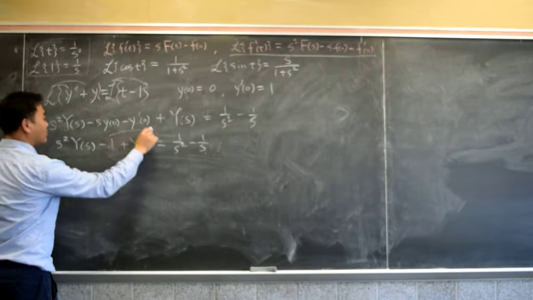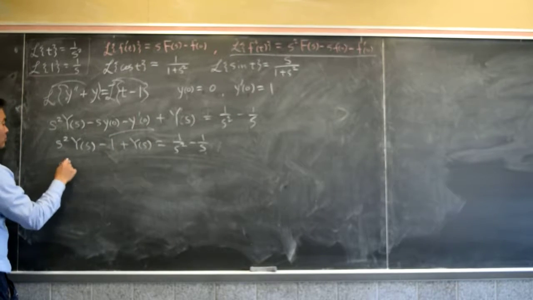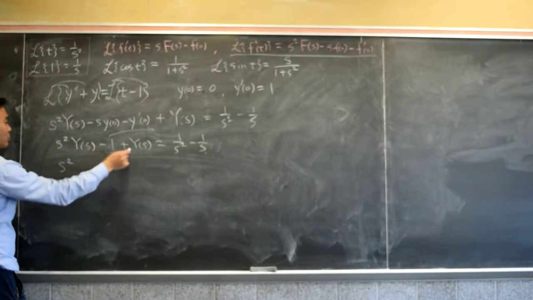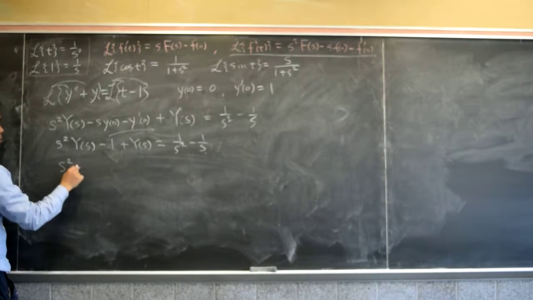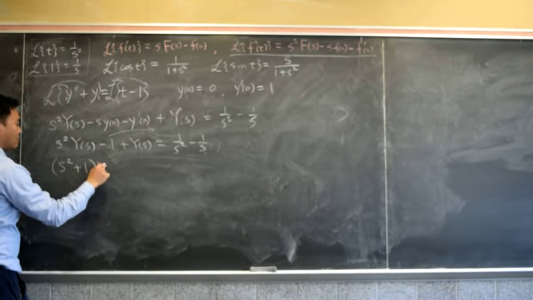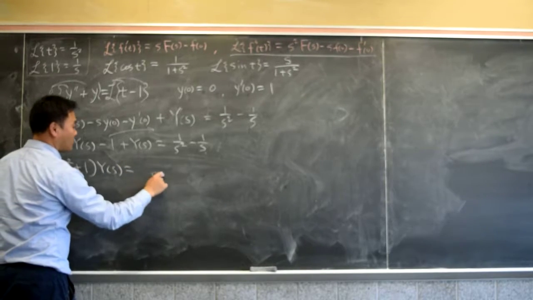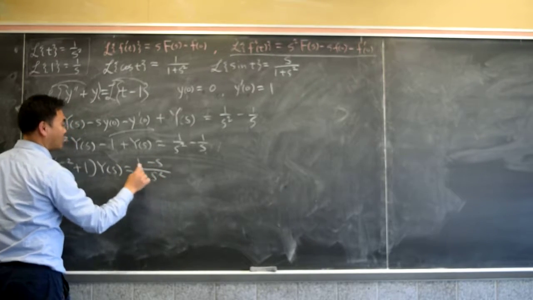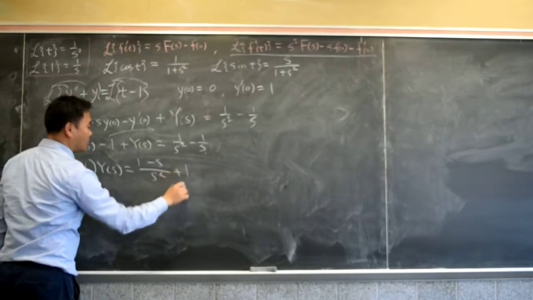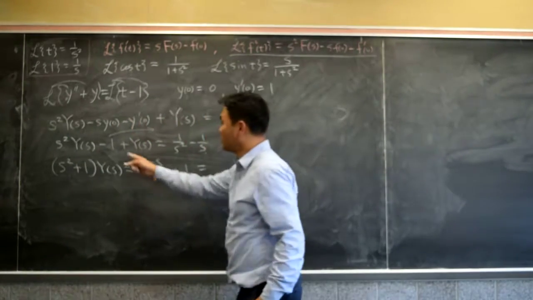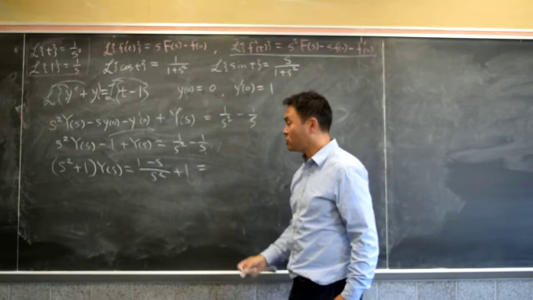Let's move the constant term to the other side, and you get s squared Y(s), so let's factor that. On the right side, this is s squared times (1 minus s), plus 1. Minus 1 goes to the other side, becomes plus 1.